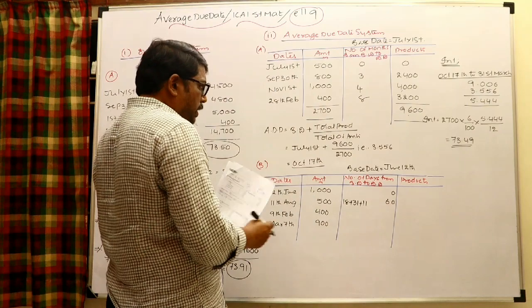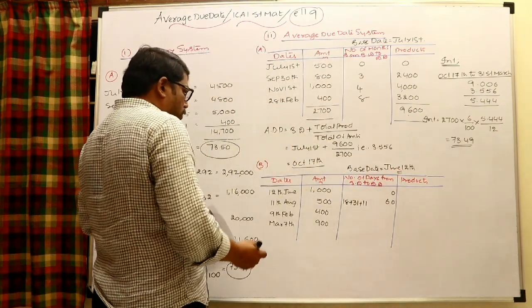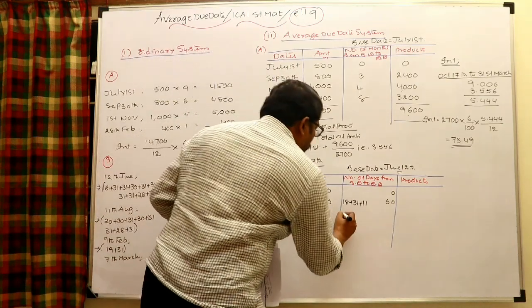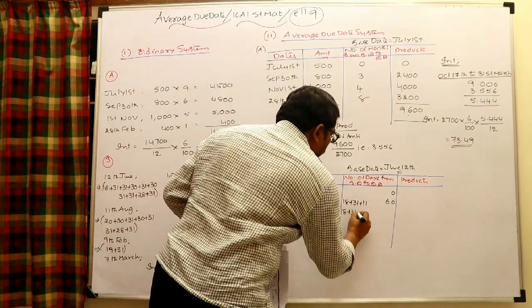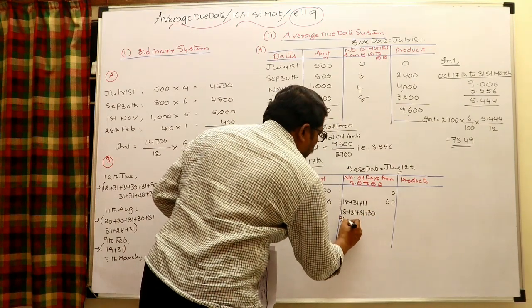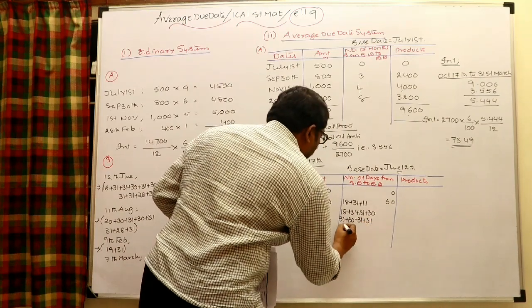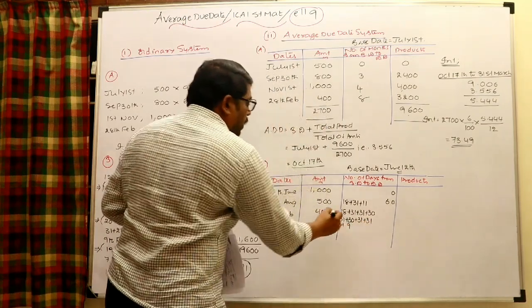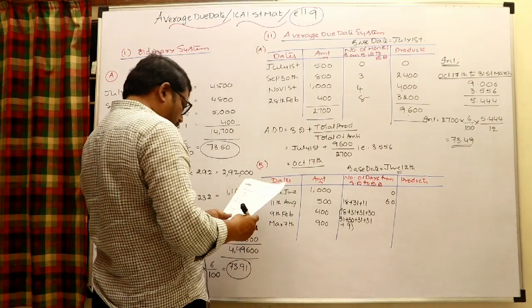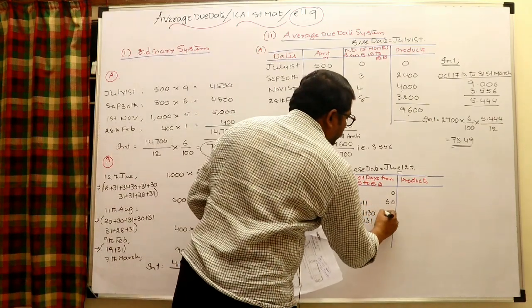So from June 12th to 9th February: June, July, August, September, October, November, December, January, February 9th. If you add all these number of days, the resulting number of days will be 242.